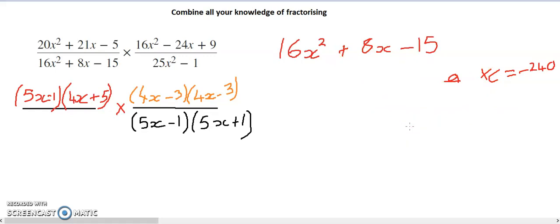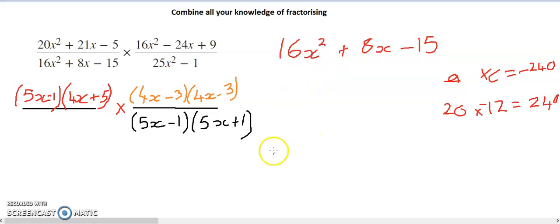So first I'm just going to think about negative 240 and my factors. So I could go 20 times 12 is 240, but I need it to be a negative. So if I make it negative 12, 20 plus negative 12 equals 8. So it must be those two numbers.